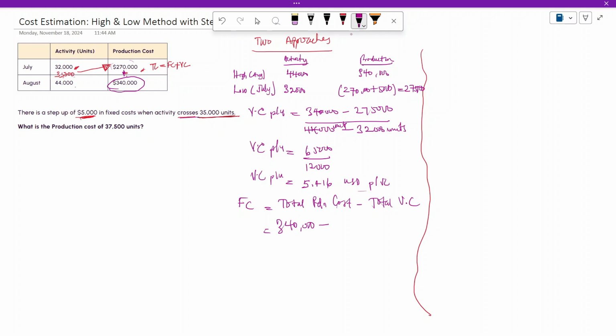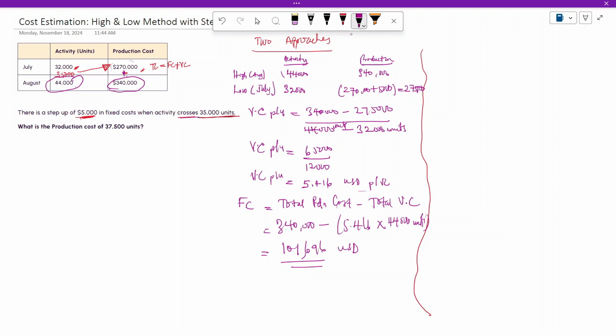We know the variable cost per unit is 5.416, multiplied by the activity level at the highest level, which is 44,000 units. This is going to give us 101,696 US dollars as our fixed cost.